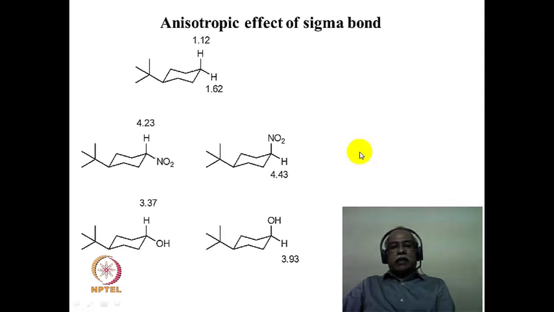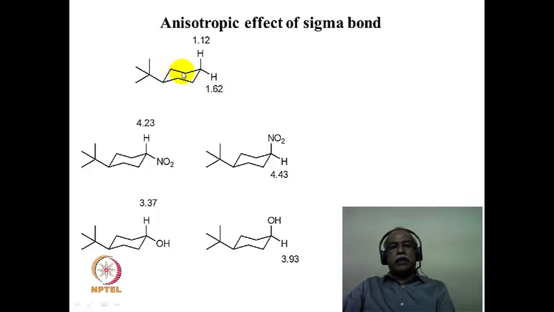Now in saturated compounds also you have a sigma bond anisotropic effect. Let us take the familiar example of cyclohexane. Cyclohexane has the chair type of conformation. So if you are considering the axial and the equatorial hydrogens of cyclohexane, this particular bond, which is away from the hydrogens which are indicated, in other words, if you consider this to be alpha, this is the beta-gamma bond that we are referring to.